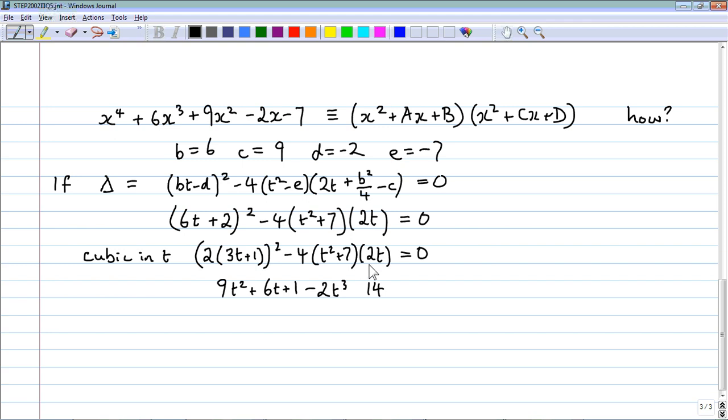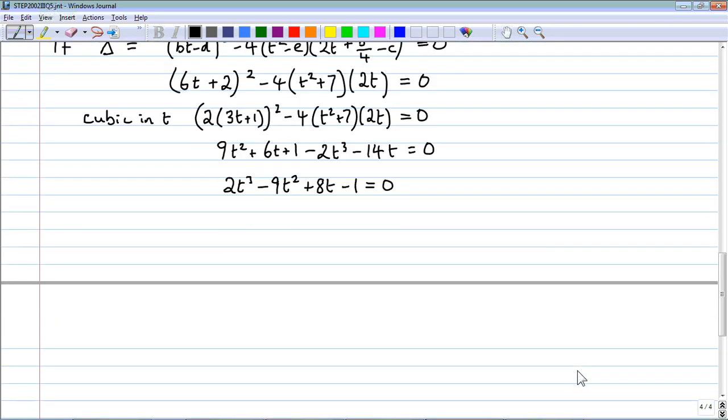Minus 14t equals 0. So just tidying up, I've got 2t^3 - 9t^2 + 8t - 1 = 0. So here's my cubic equation in t.